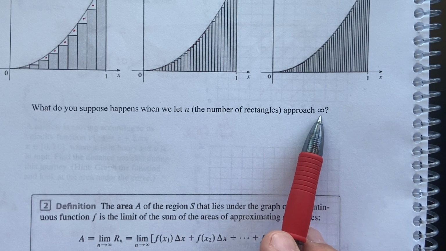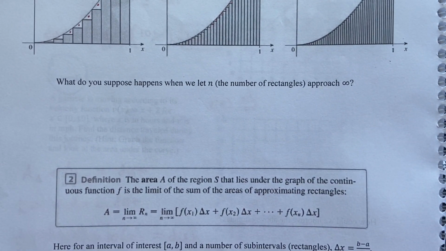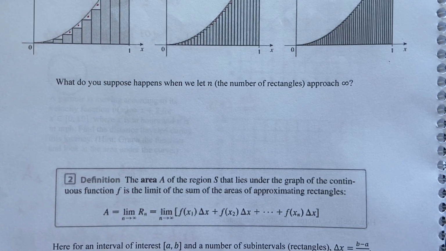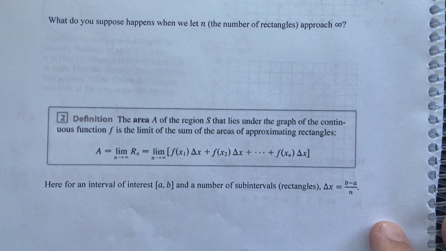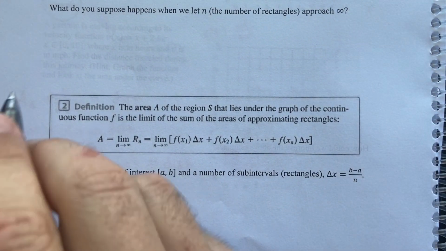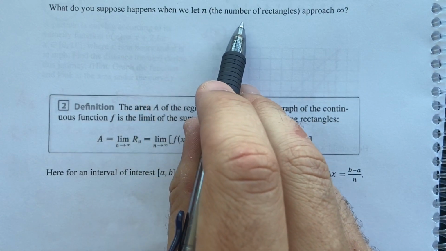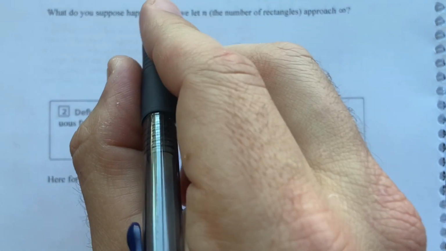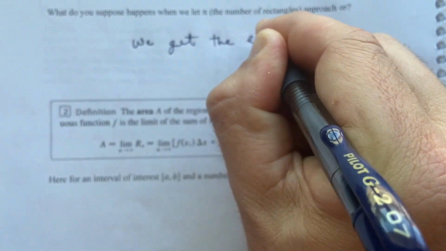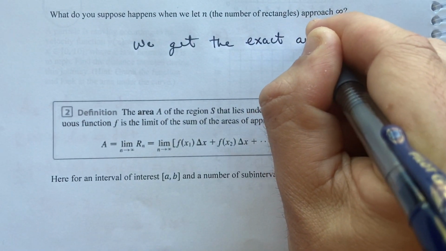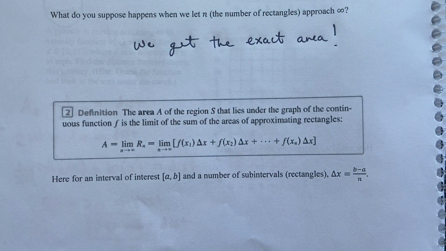So in the limit, as n is allowed to approach infinity, in other words, the number of rectangles gets more and more and they go all the way to infinity, then what happens is the exact area appears. So what do you suppose happens when we let the number of rectangles approach infinity? We get the exact area. That's what happens.